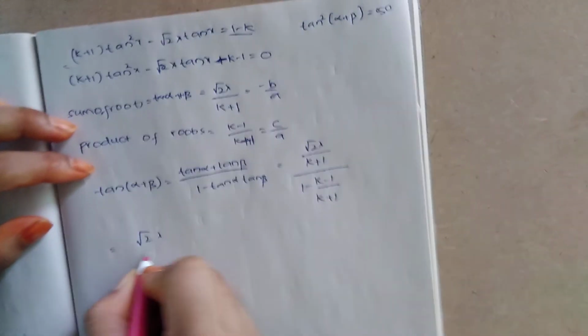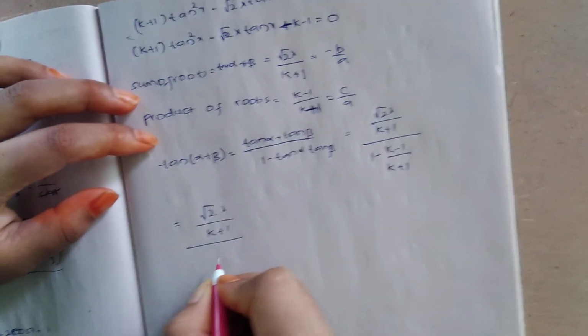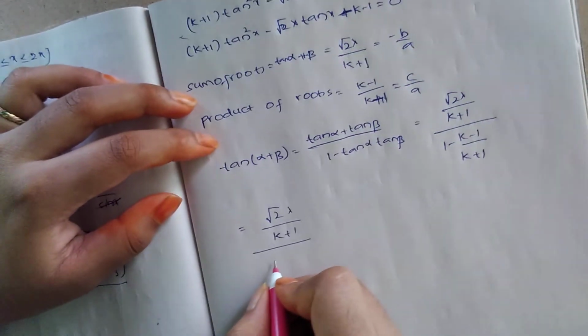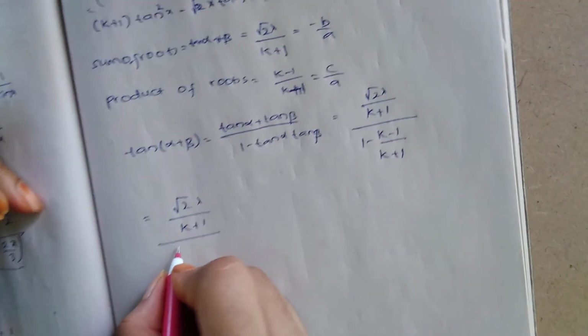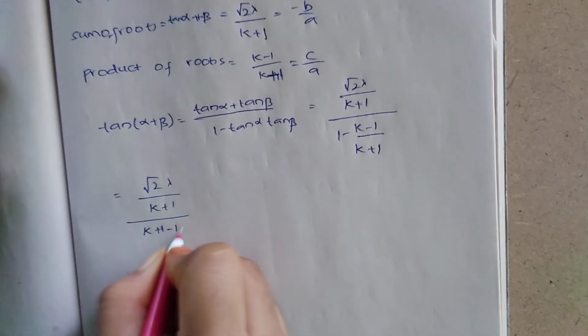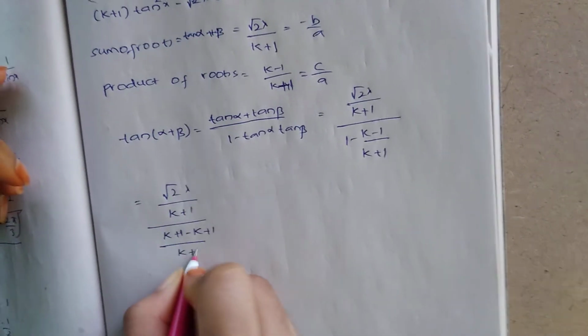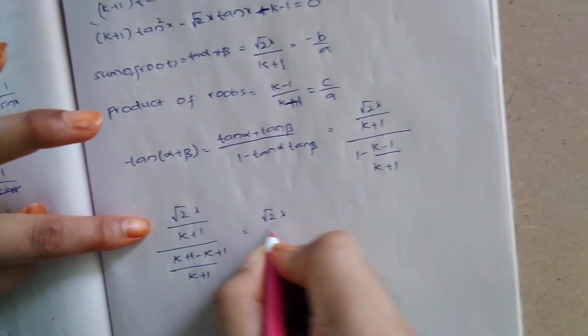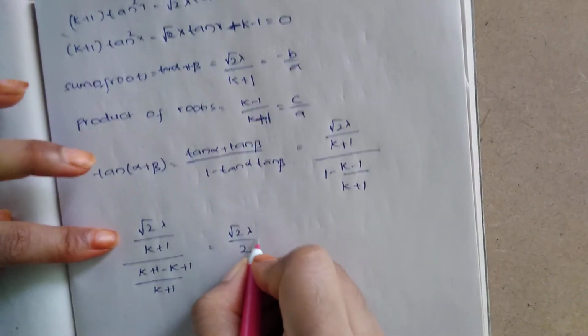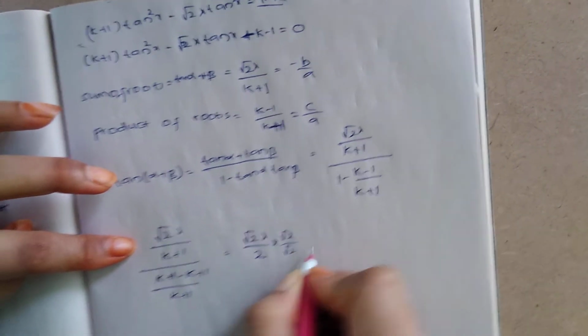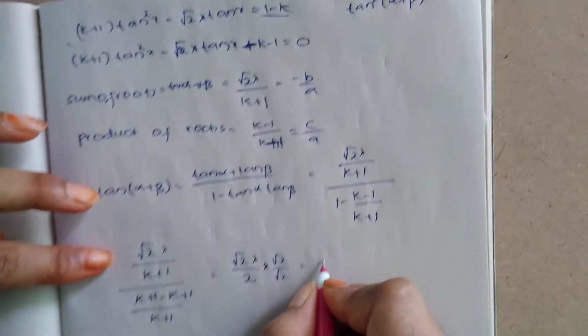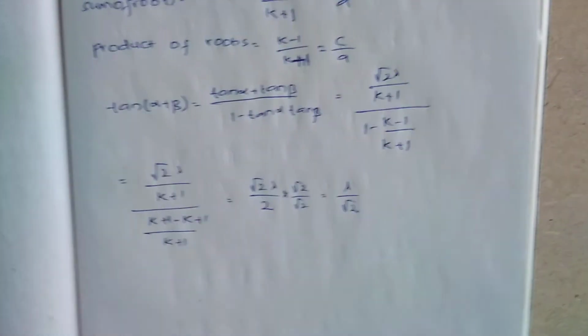Let's solve it. What do you get here? K plus 1 minus k plus 1 by k plus 1. We get root 2 lambda by 2. Multiply and divide by root 2, and we get lambda by root 2.